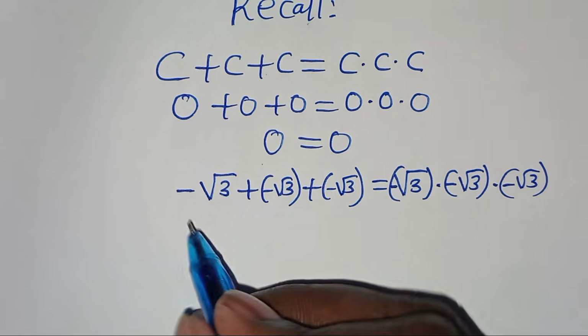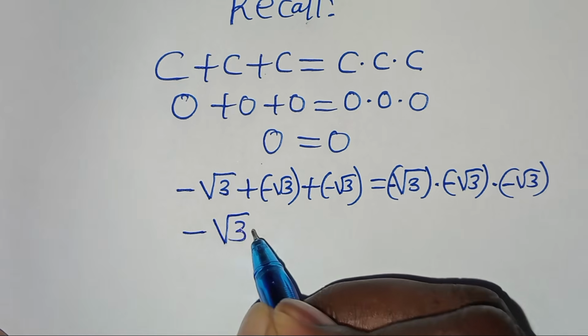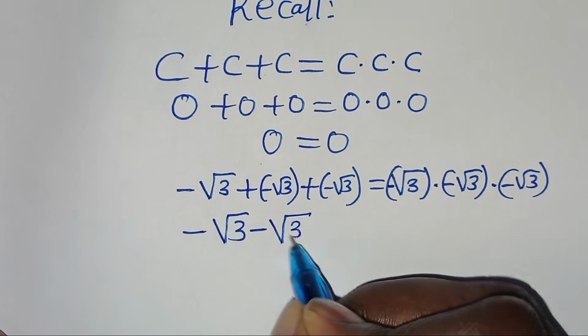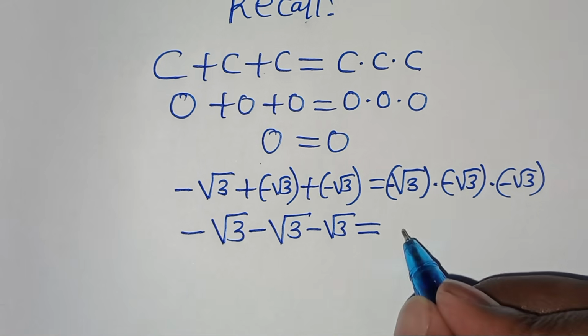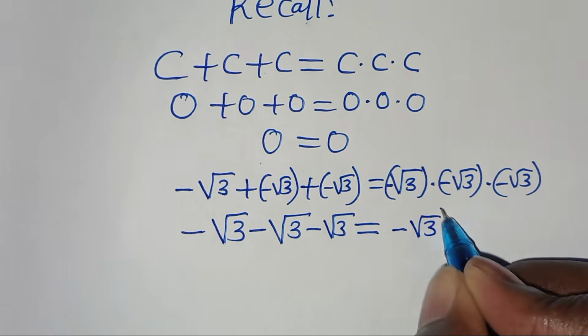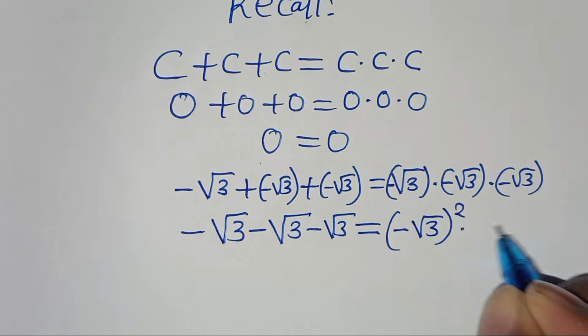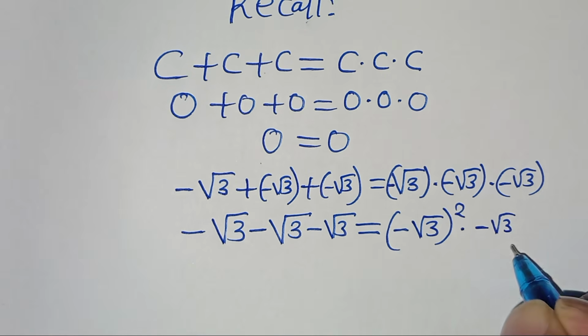This is the same thing as negative root 3 minus root 3 minus root 3, which is equal to negative root 3 raised to the power of 2 times negative root 3.